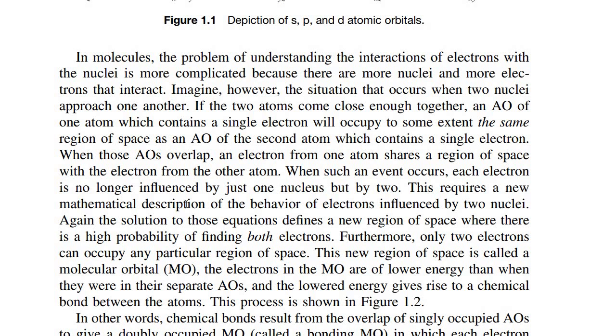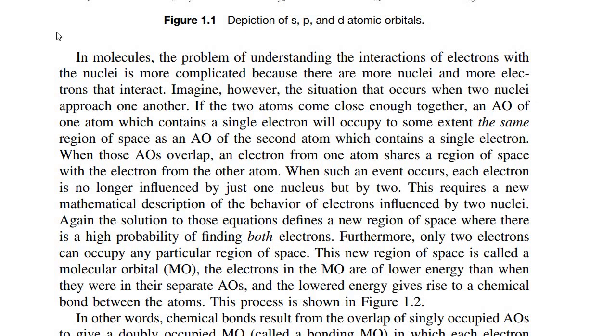If the two atoms come close enough together, an atomic orbital of one atom which contains a single electron will occupy to some extent the same region of space as an atomic orbital of the second atom which contains a single electron. When those atomic orbitals overlap, an electron from one atom shares a region of space with the electron from the other atom. Each electron is then no longer influenced by just one nucleus but by two, and this requires a new mathematical description of the behavior of an electron influenced by two nuclei.